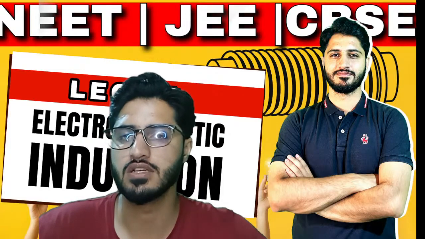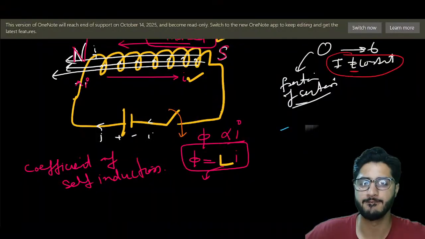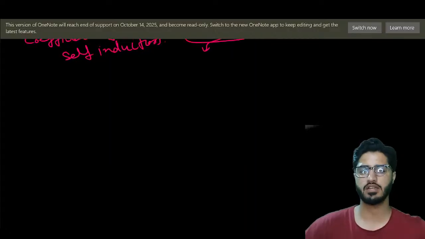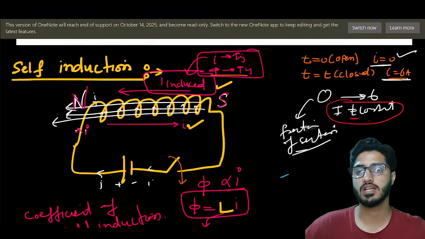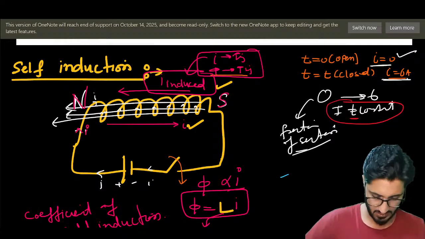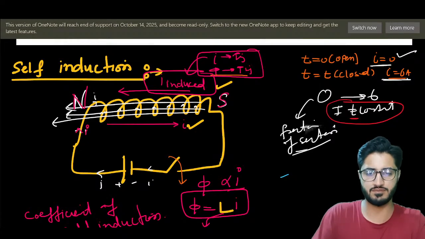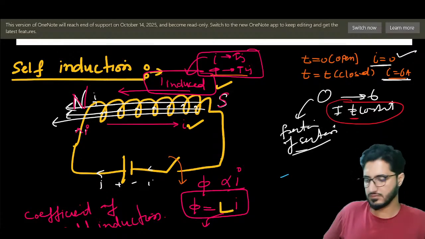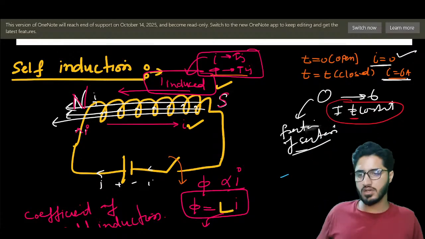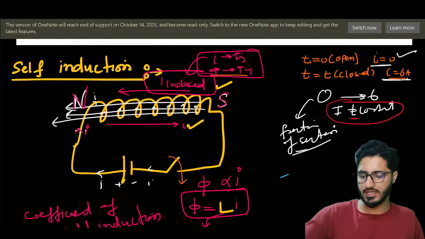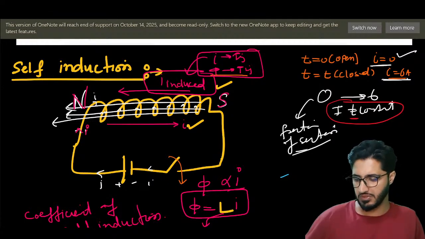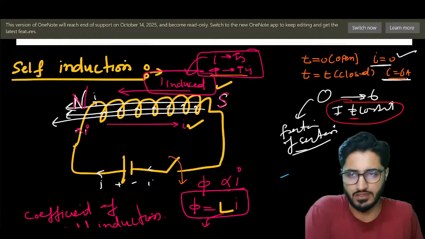So let's continue our session. Today we are dealing with self-induction. I guess my screen is visible to you now. If you have watched yesterday's class, you might know that the last topic we did was self-induction.